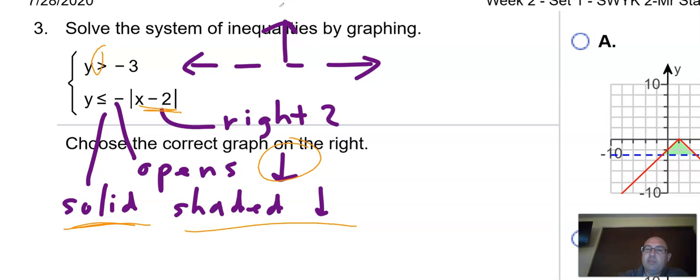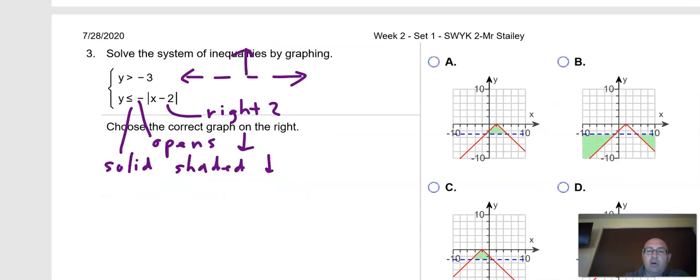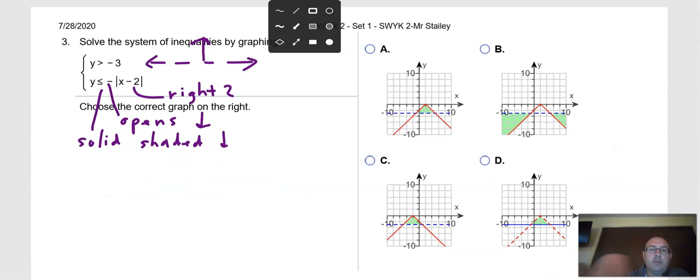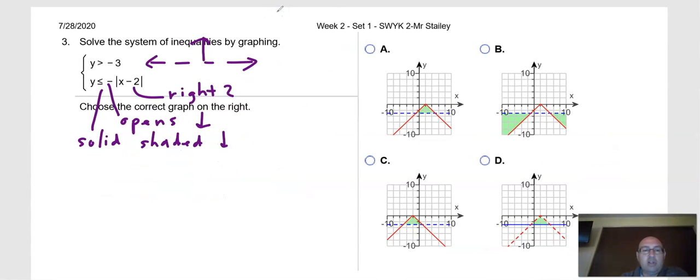So we've got to put all these pieces together and see what we have for choices here. First of all, horizontal line, and it has to be shaded above. Okay, so A is a possibility. The horizontal line is shaded above. B is not, because the horizontal line is shaded below.